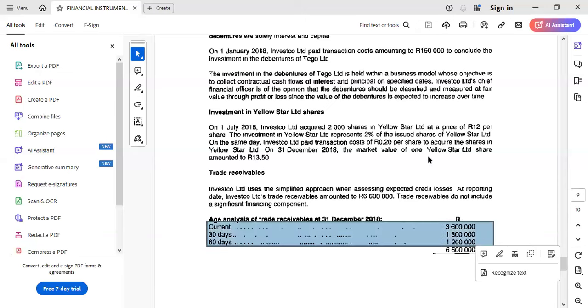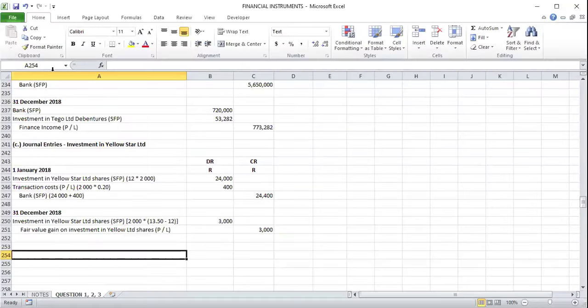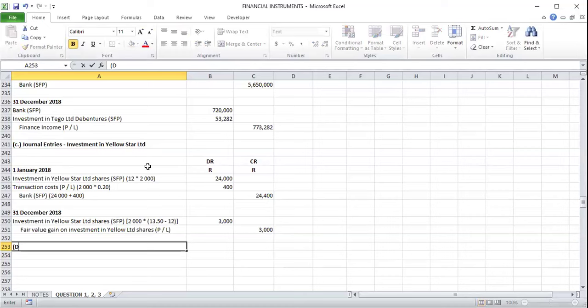So we'd say our D, calculation of allowance for credit losses. Right.